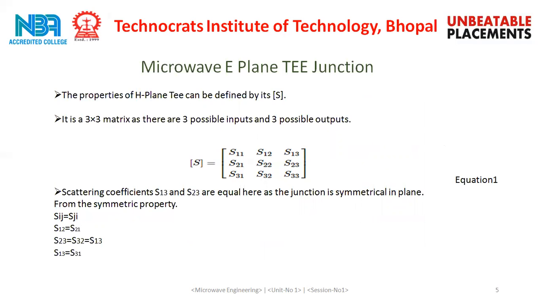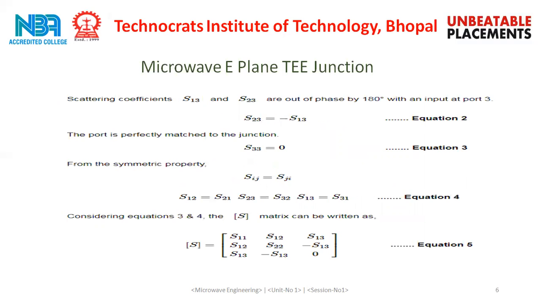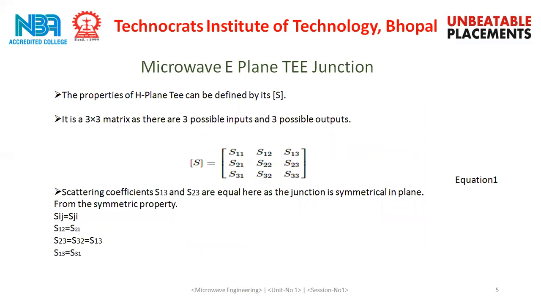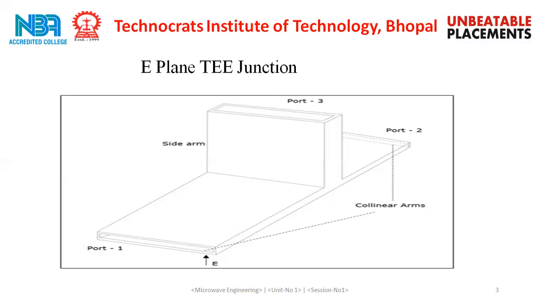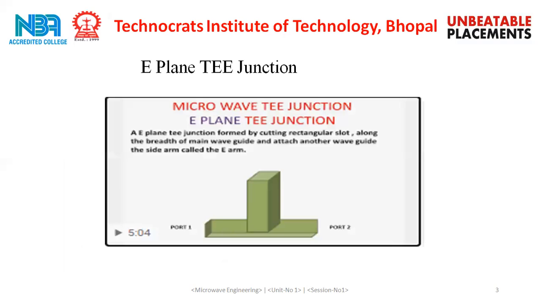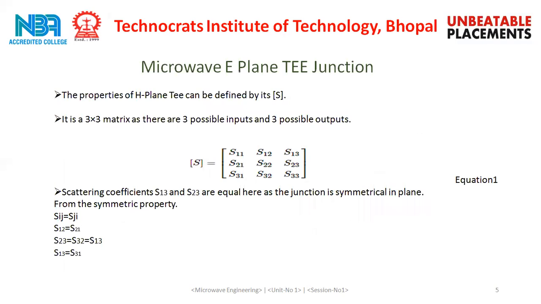So for these two scattering coefficients, S13 and S23, we can say S23 is equal to minus S13, in accordance with our property. Whatever the input from port 3, it is equally divided between port 1 and port 2, but in opposite phase. Hence S13 is equal to minus S23. This is the first interpretation we have.